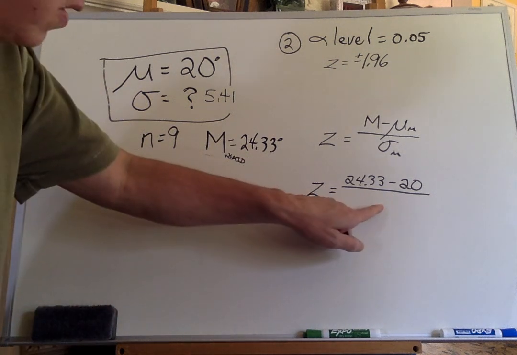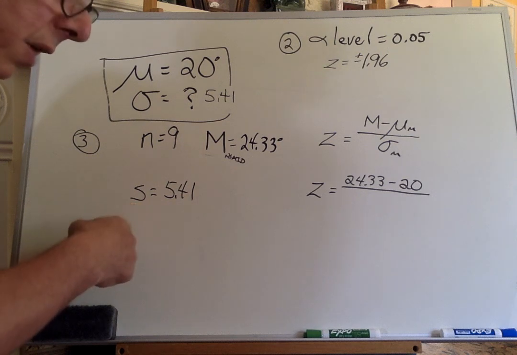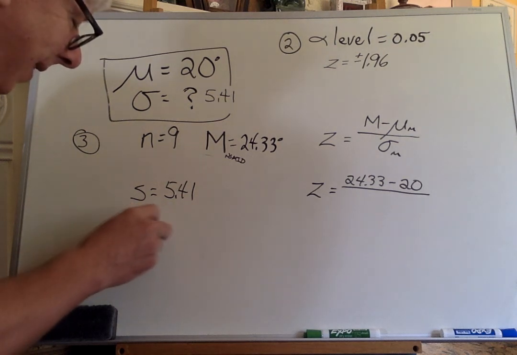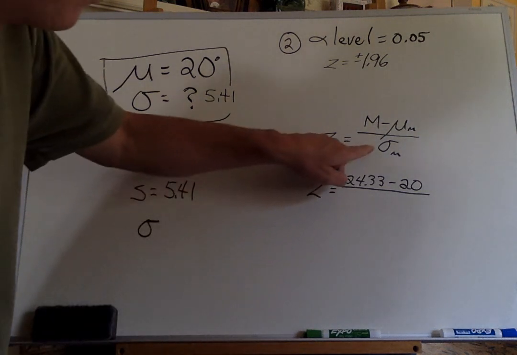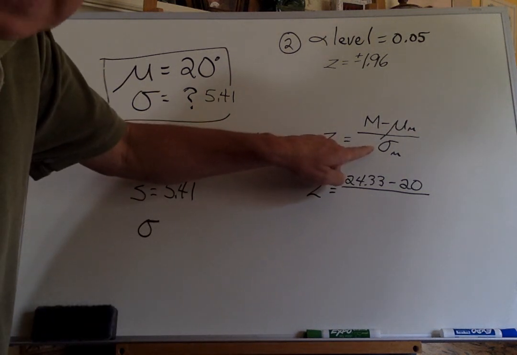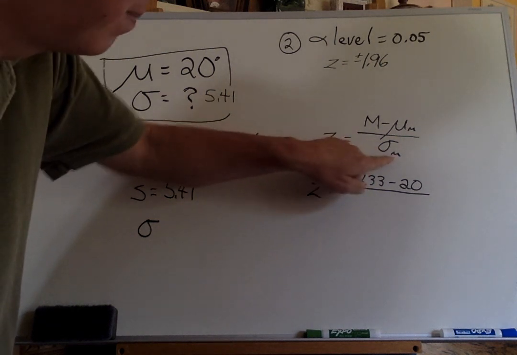So if I'm using this to sort of replace this, then what do I do next? Remember, in our Z formula, it's not sigma, it's sigma sub m.